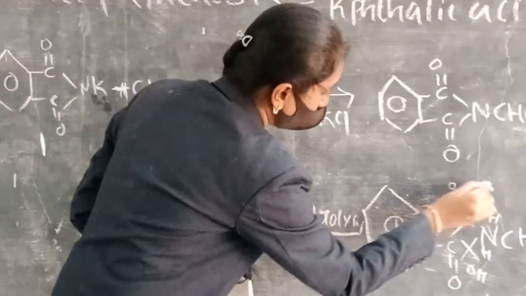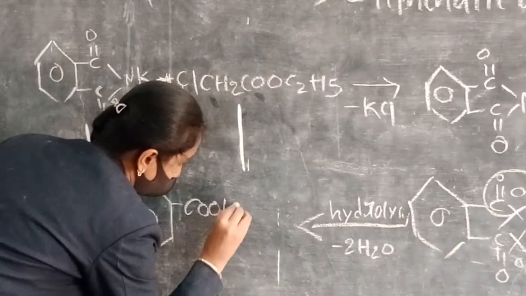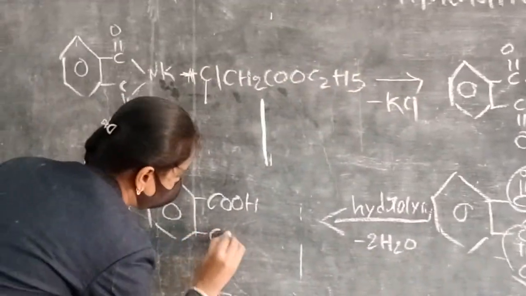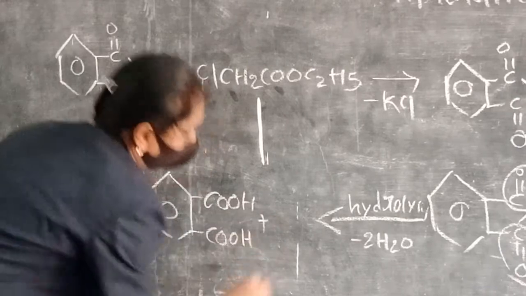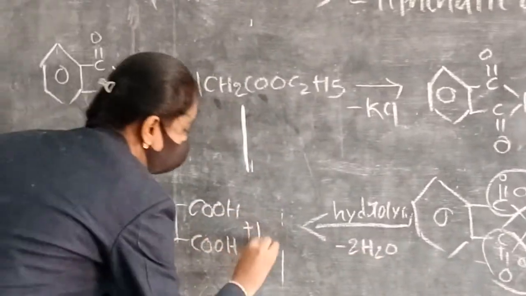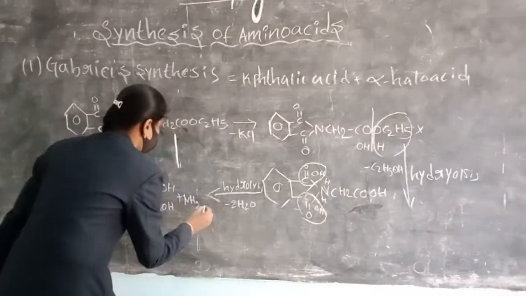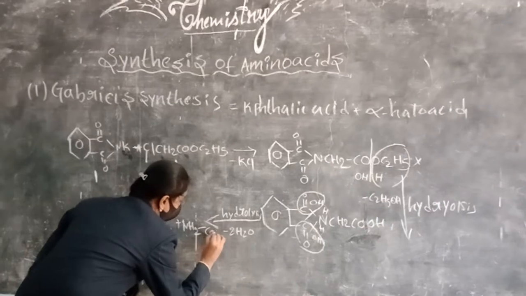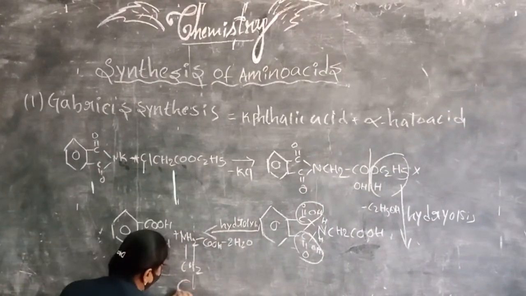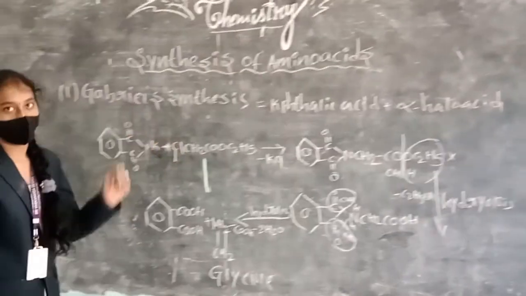So you take this one and we get COOH, and here also COOH. And the remaining one is NH2 and COOH, with CH2 here. This is glycine. It is one of the products, an amino acid.